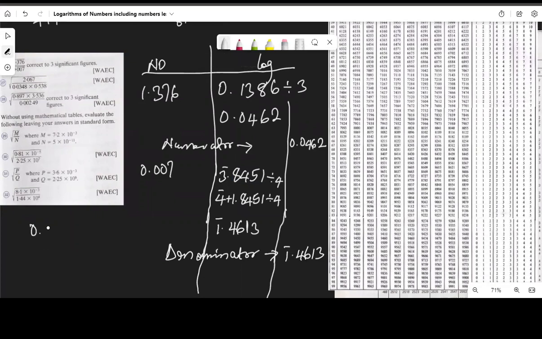The numbers will be placed beside each other. 462 minus 1.4613. We have 2 minus 3 is not possible, so borrow 1, that is 12. 12 minus 3 is 9. This remains 5. 5 minus 1 is 4.